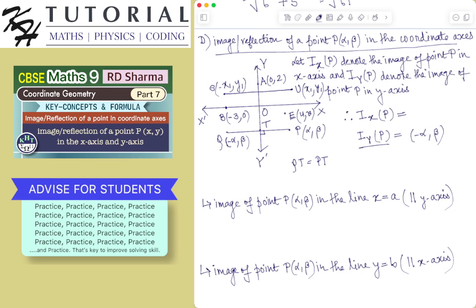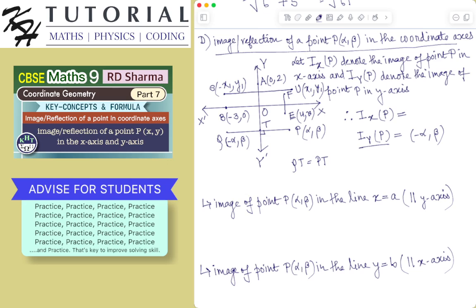Okay. Now what will be the image of this point E in the x-axis? So I will draw a line from E perpendicular to the x-axis, and I will extend it to the point F, so that the distance of F from the x-axis is equal to the distance of E from the x-axis. What is the distance of the point E from the x-axis?